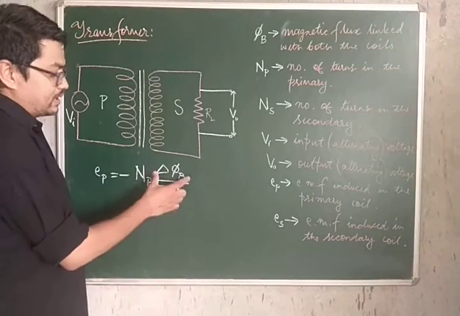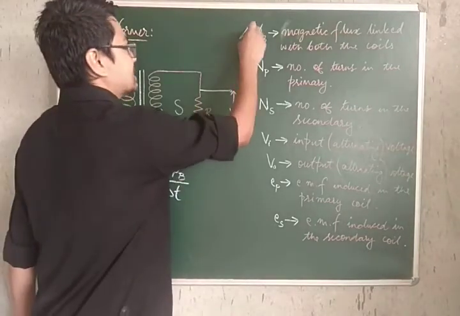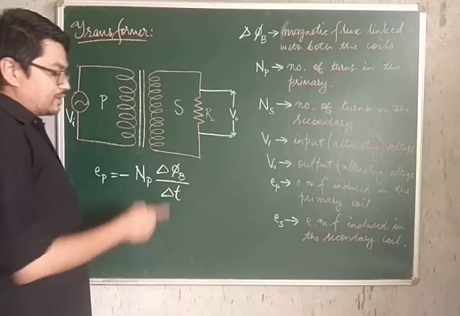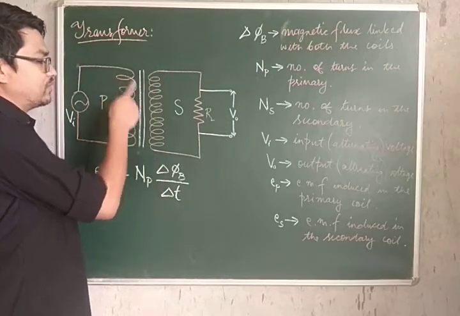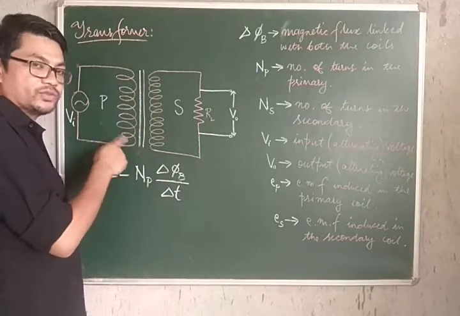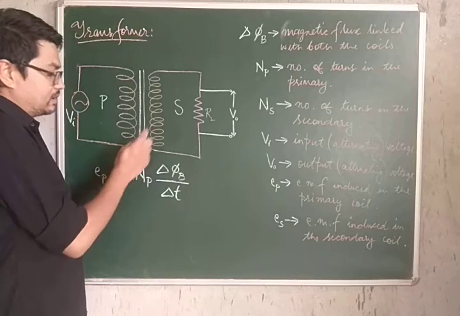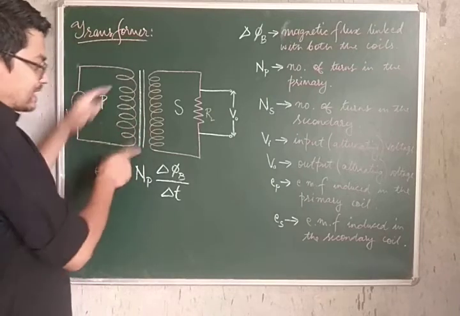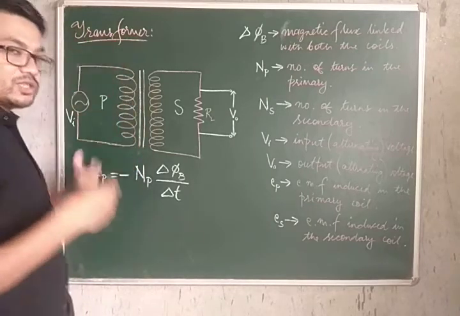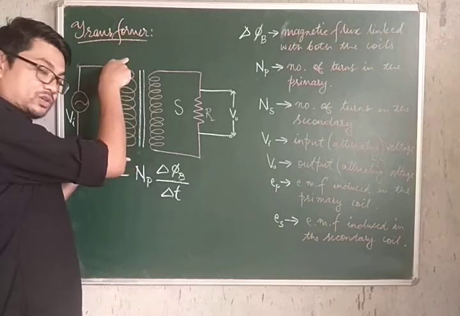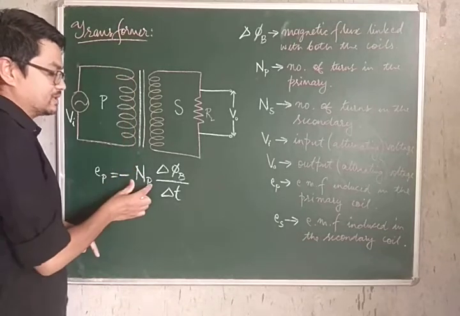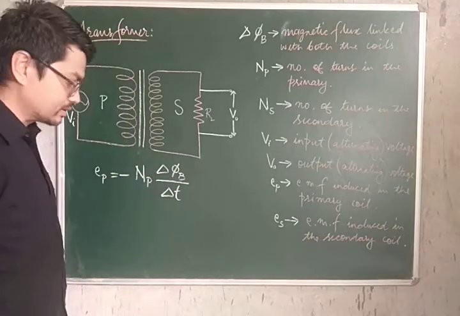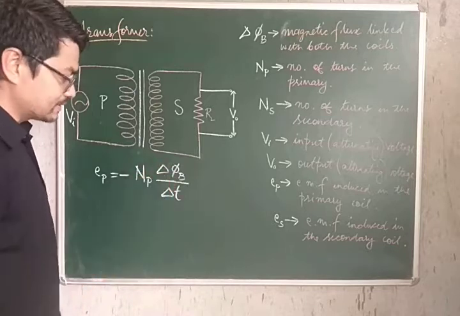Now since delta phi B is the change in flux linked with each turn of the primary, the change in magnetic flux linked with the primary coil having Np turns is Np into delta phi B, of course. So this is what we get.